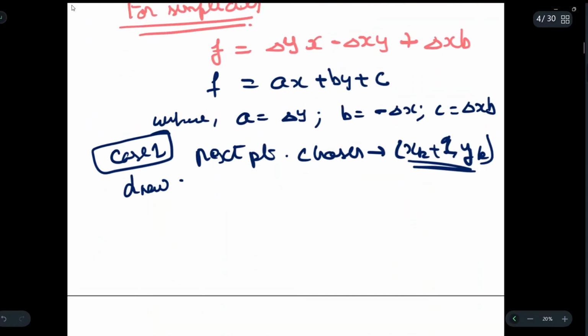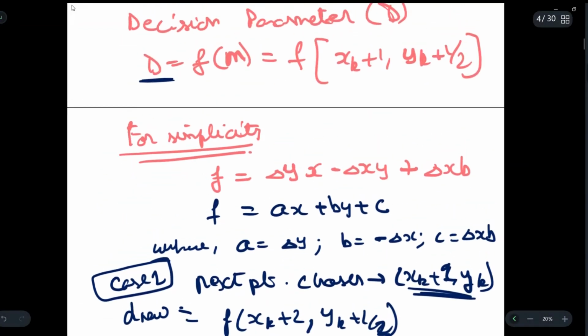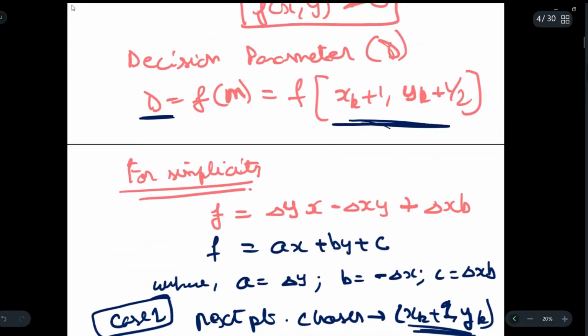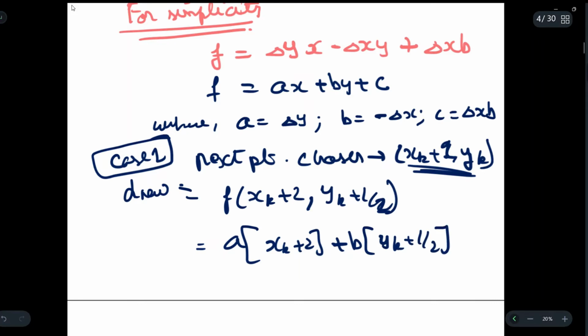So here the value of d new will be equal to f of (xk plus 2, yk plus half). That is, we have simply substituted the value in this function. On doing so, we will get a into xk plus 2 plus b into yk plus half plus c.